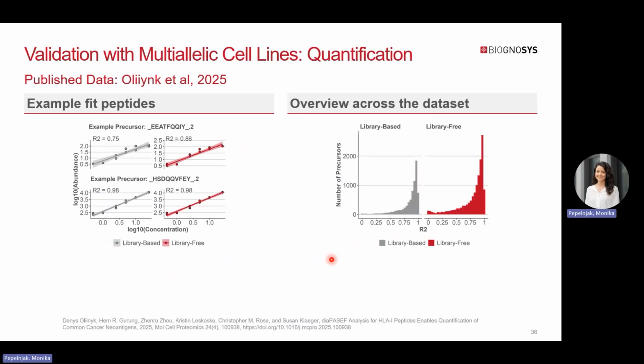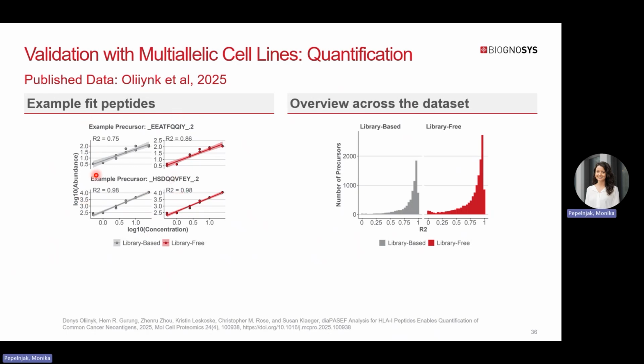This dataset was interesting as well because we could also test quantification. They used different concentrations of the starting material, so we could take the known concentrations and correlate them with the measured abundances. Fitting a linear model through the points, we could then calculate the R squared for each individual precursor.